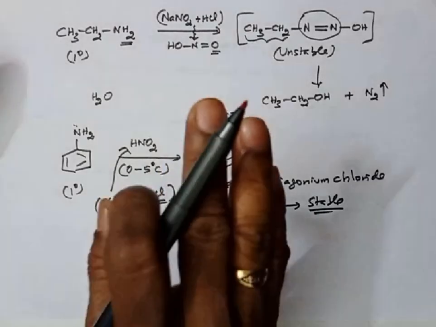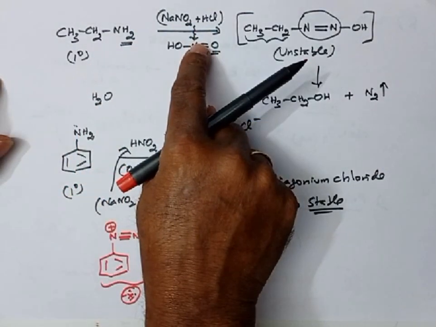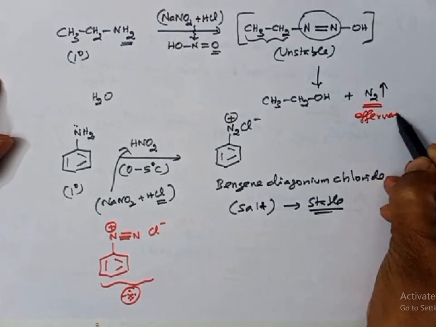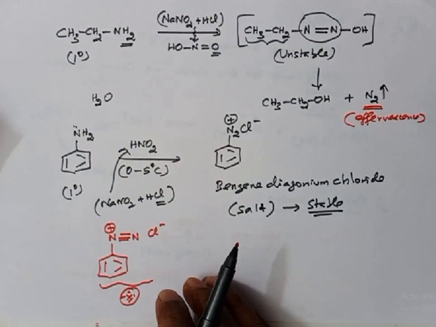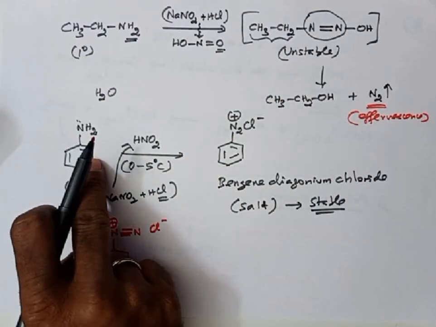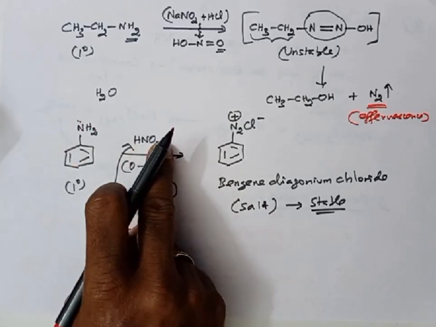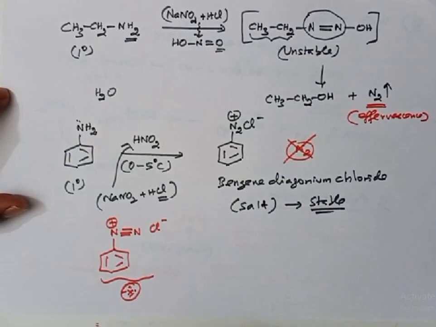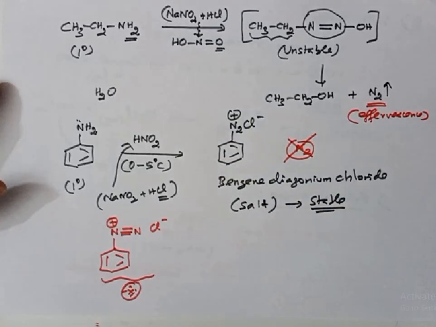So in general, aliphatic primary amine with nitrous acid forms alcohol and you will get effervescence. The effervescence is due to evolution of nitrogen gas. But there are exceptions. Aniline, right? Although it is a primary amine, it reacts with nitrous acid and does not produce any nitrogen gas. It forms a stable salt called benzene diazonium chloride.